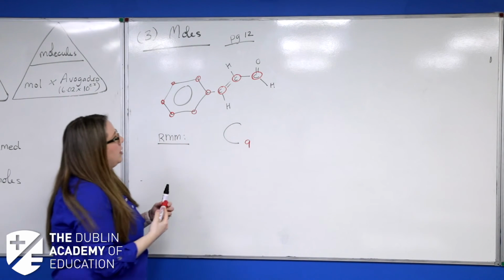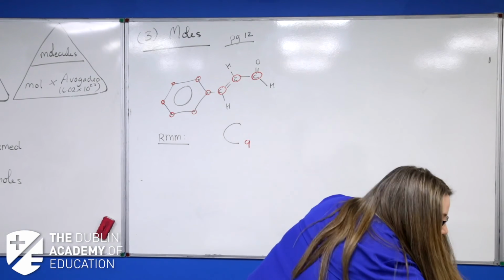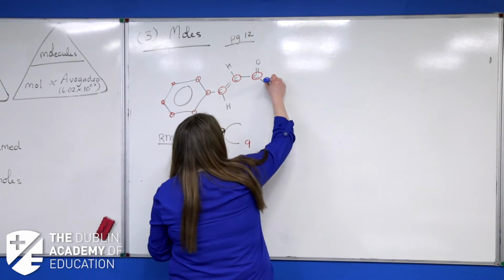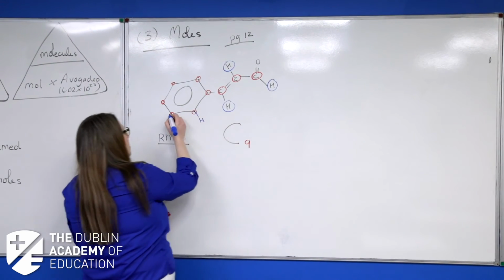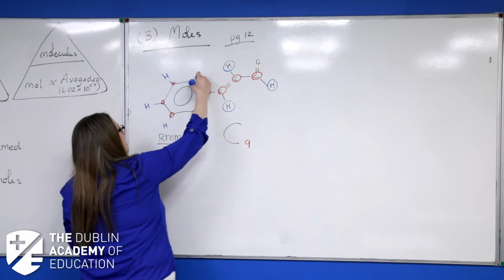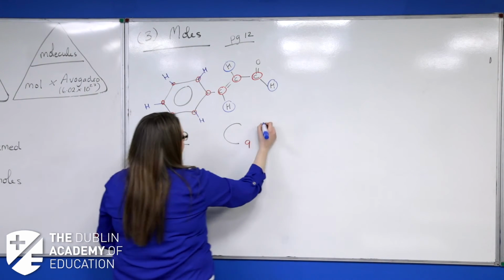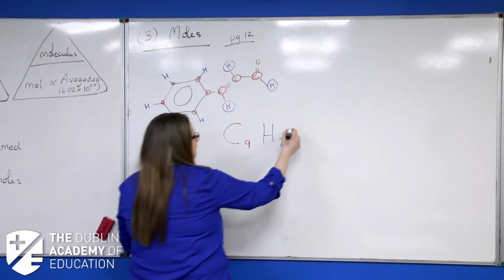There's 9 carbons in that molecule. For hydrogen, there's 1, 2, 3, 4, 5, 6, 7, 8. And then for oxygen, there's just 1.